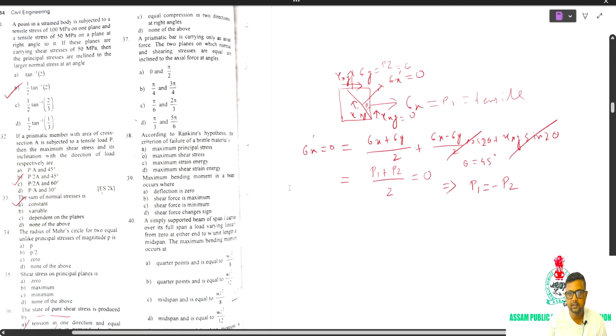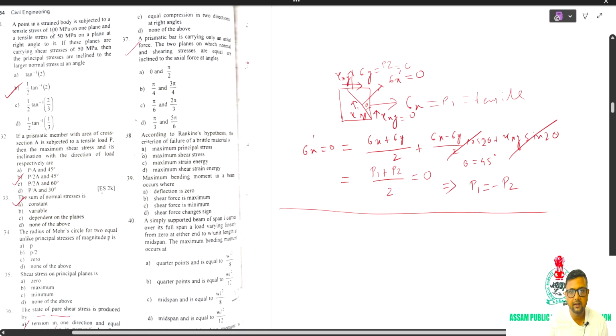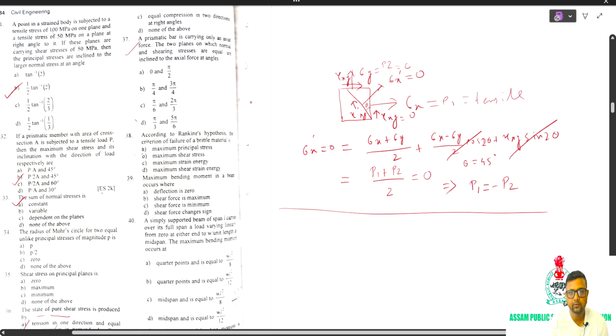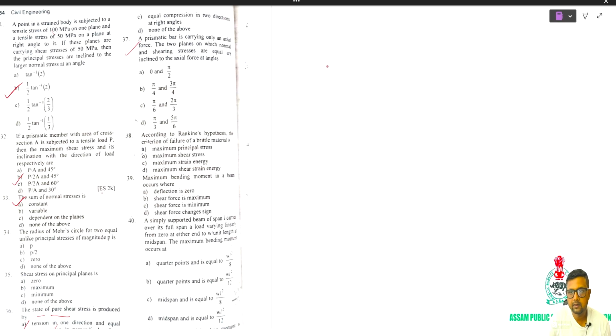Next question is 37. Question number 37. A prismatic bar is carrying only an axial force. Two planes on which normal and shear stress are equal are inclined to the axial force at angles. Okay. First let me remove this. Let me draw the prismatic bar.